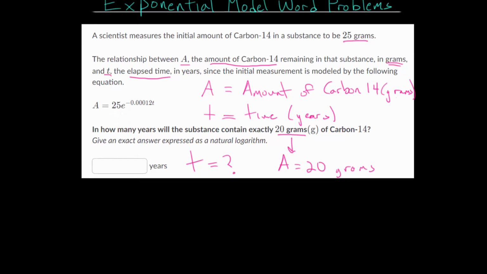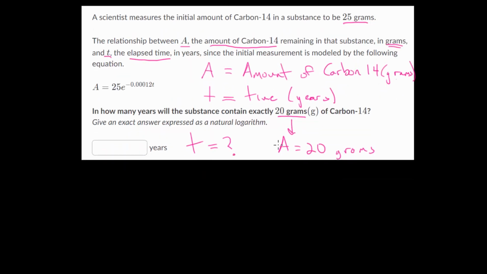Let's make a little bit of room, plug this information into the equation, and try to solve it. We have 20 grams is equal to 25 multiplied by e raised to the minus 0.00012 times T. And remember that e is just the number 2.718, and it goes on forever.